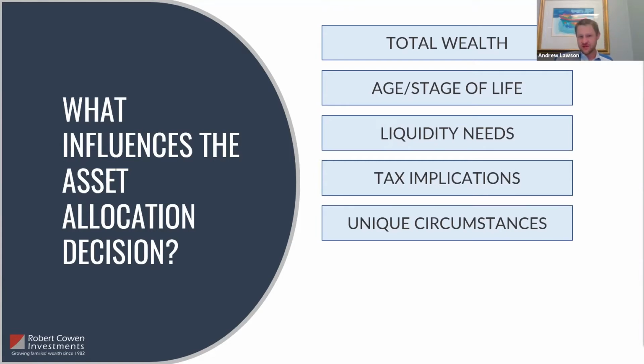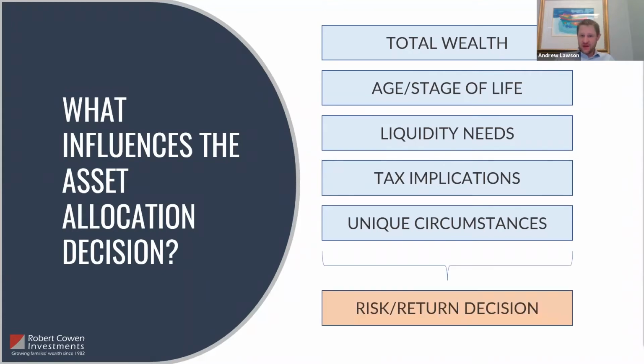Each and every investor comes with specific unique circumstances that one needs to take into account. Depending on how those circumstances play into your liquidity needs, that influences the amount of risk that one can take in an asset allocation decision.